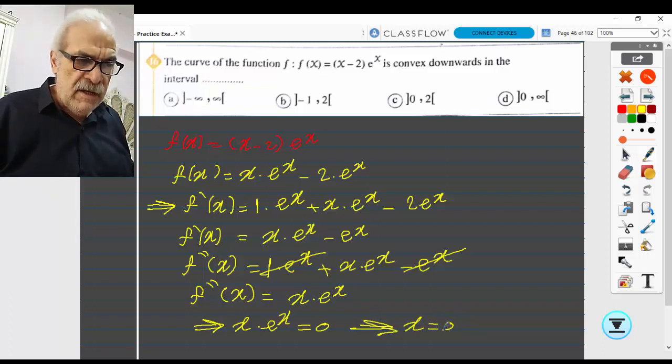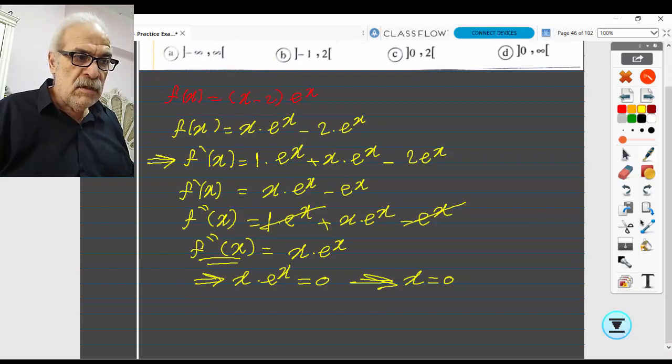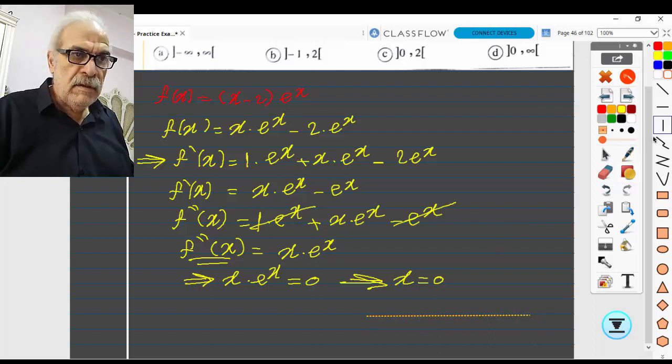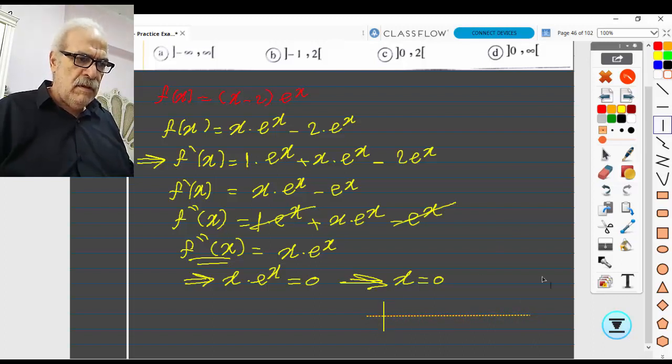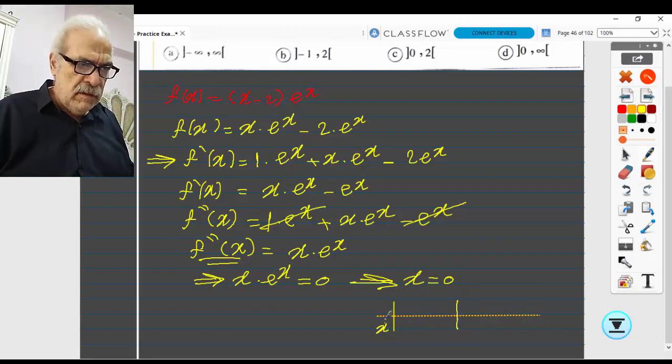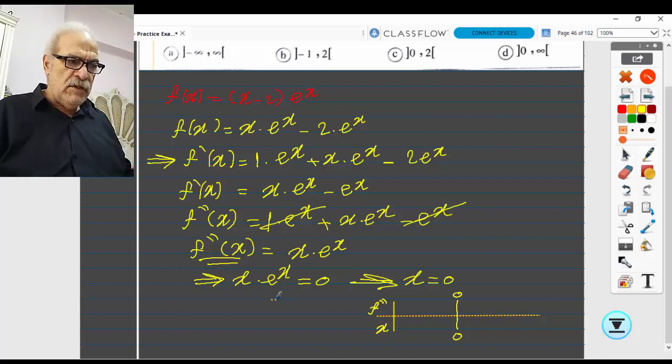And we check the sign around x equals 0. Sign of what? Sign of f double dash. Here we have 0. You can check some numbers for x less than 0 and greater than 0.